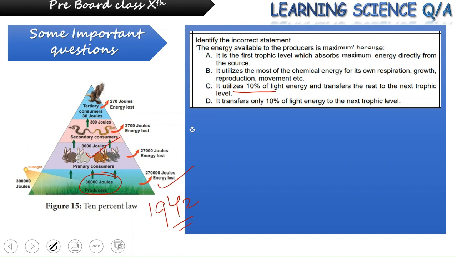The correct statement is it utilizes a major portion of the energy absorbed by itself, whereas only 10% is passed on to the next trophic level. So our incorrect statement is C, and the correct answer for this question is also C.